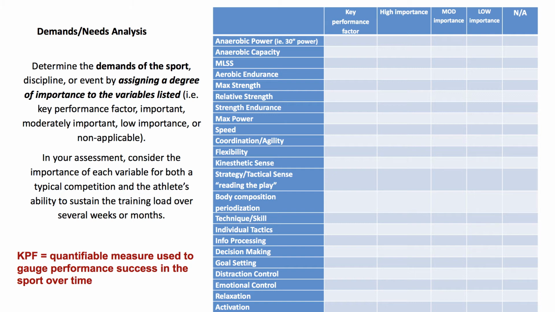And then once you've classified each of these variables, you can determine what the main priority is for that sport. And once you've done that, then you can cater and you can design your program based on the key performance demands of that sport, which makes your prescription very specific.